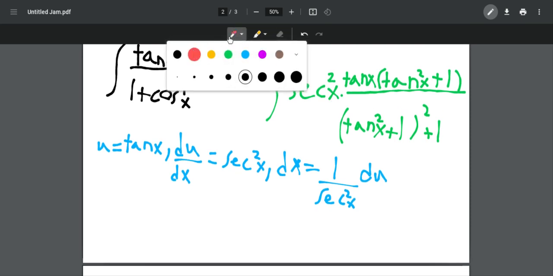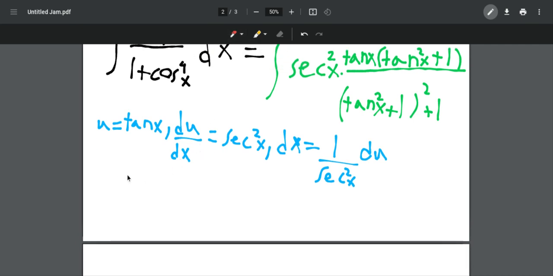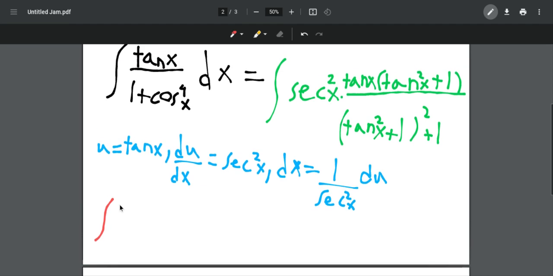Now we have the integral: because secant squared x canceled, we have just u, which is tangent x, multiplied by u squared plus 1, which is tangent squared x plus 1, all over u squared plus 1, squared, plus 1, du.